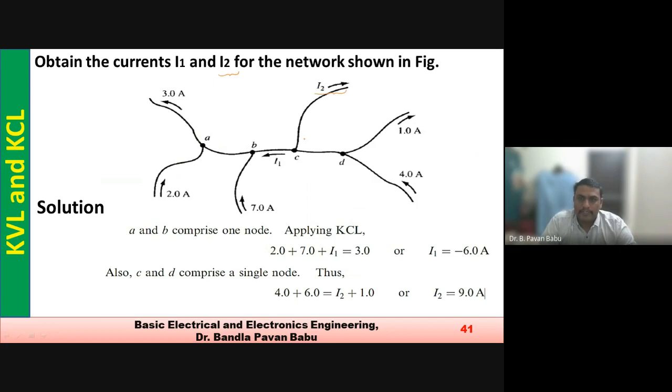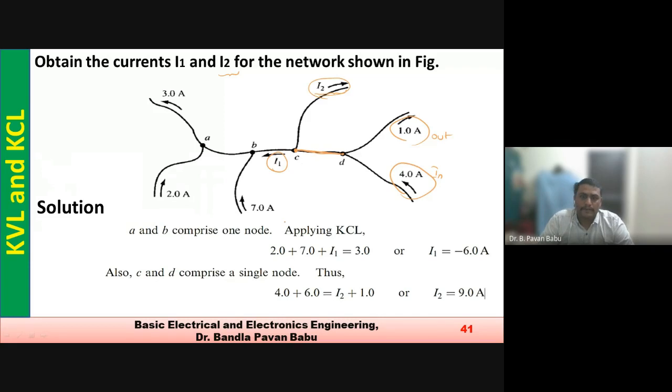So between C and D, apply KCL at C and D. These two points are same again. Let us see the incoming current for C and D. 4 amps is incoming and 1 amp is outgoing, and for this C, I1 is outgoing here, and I2 is also outgoing.